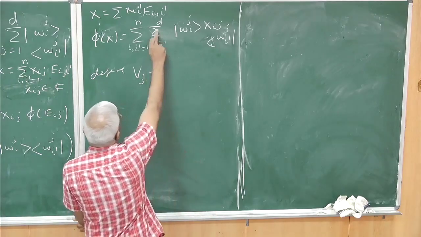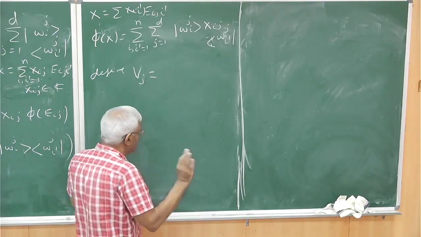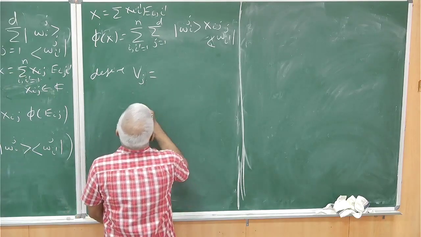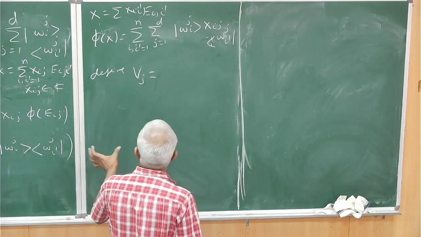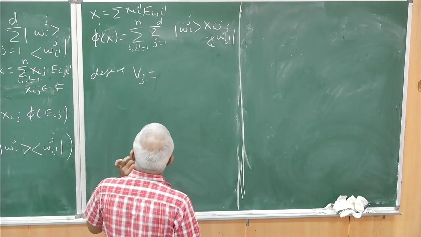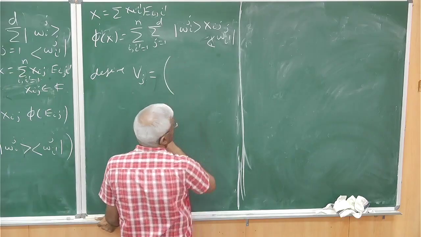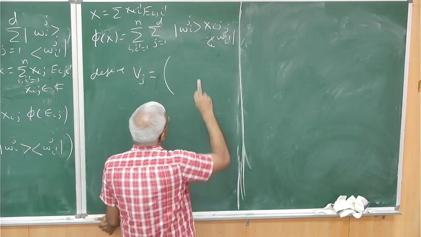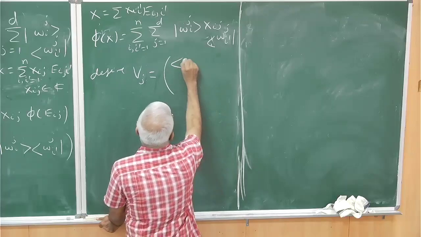Actually I could have taken this d to be m, that's okay, because that's what the statement is. These are column vectors, so there are m of them, and this will be a row vector.